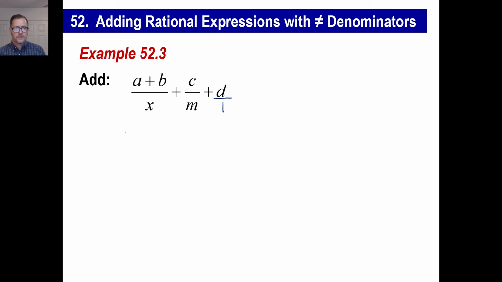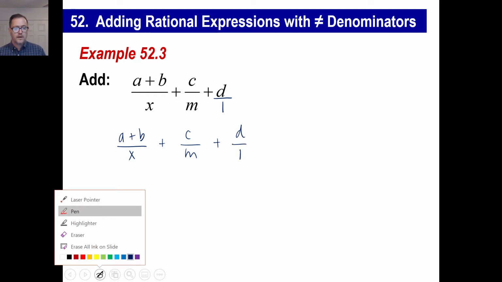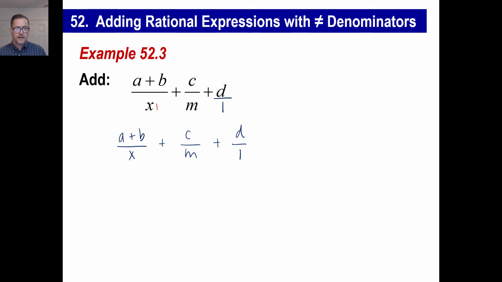Okay, so I'm just going to copy down the same old three fractions that we had. Okay, and I'll go, there's my c over m, and I've got a d over 1. Okay, well, I know that the common denominator is xm, right? Okay, so let's look at this first one. I already have this.